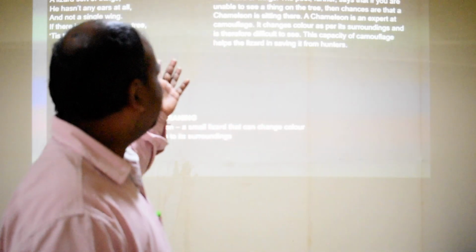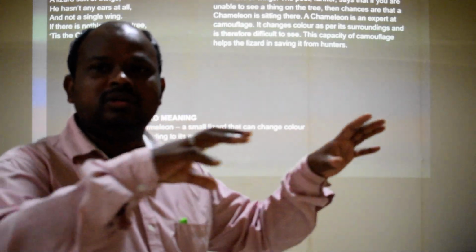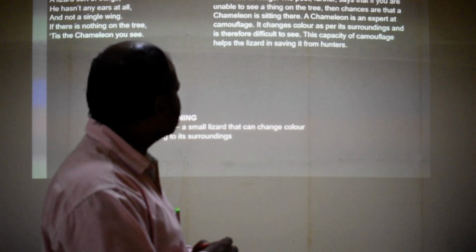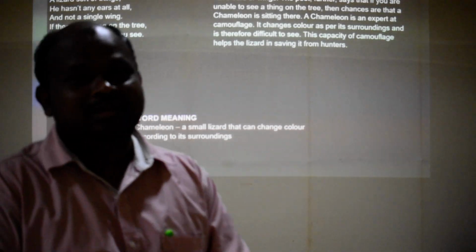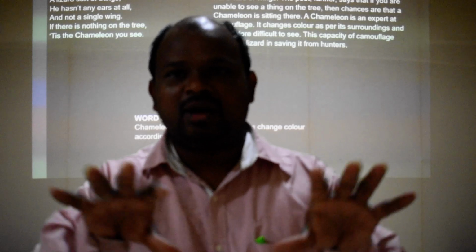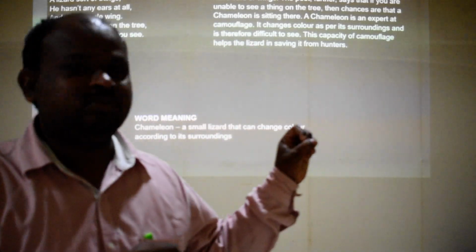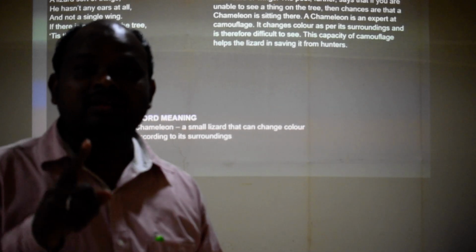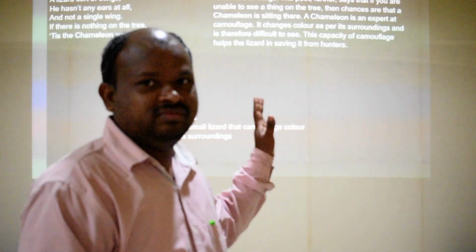Likewise, the chameleon camouflages according to the particular color where it is situated. It changes color as per its surroundings and is very difficult to see. This capacity of camouflage helps the lizard save itself from hunters. So that is the nature of a chameleon.